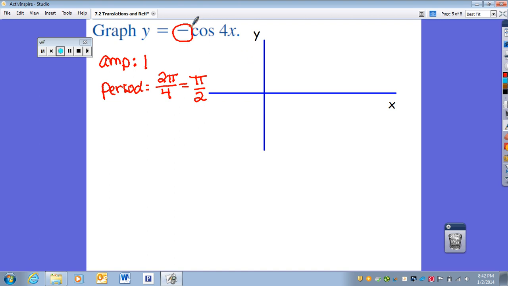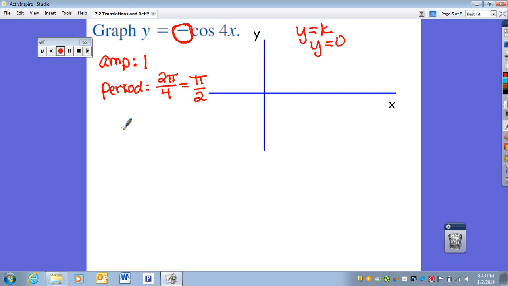However, you do see that our leading coefficient is negative, a is less than 0, so we are going to reflect this, and this time because y is equal to k is the line that we're going to reflect over, since k is equal to 0, we're going to reflect that over the x-axis.